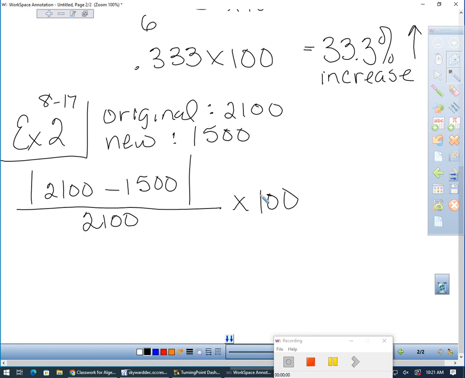So 2,100 minus 1,500 is 600. 600 divided by 2,100 is 0.2857 times 100 equals 28.6%. Is this an increase or a decrease? It is a decrease. From the original to the new, it goes down.